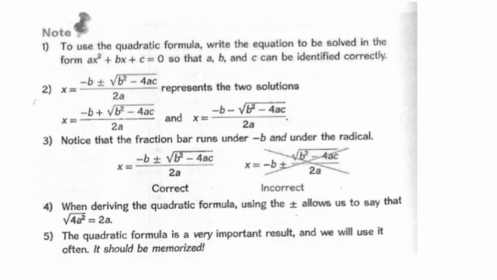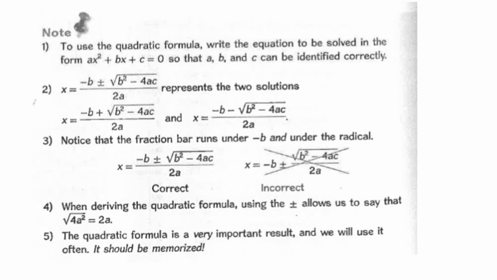Number 2: x equals minus b plus or minus the square root of b squared minus 4ac all over 2a represents two solutions. x equals minus b plus the square root of b squared minus 4ac all over 2a, and x equals minus b minus the square root of b squared minus 4ac all over 2a.